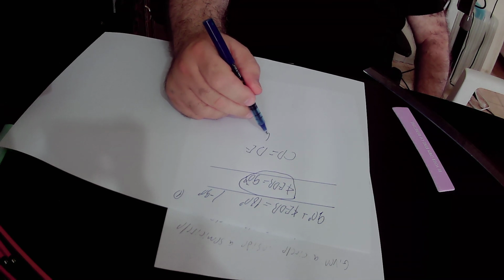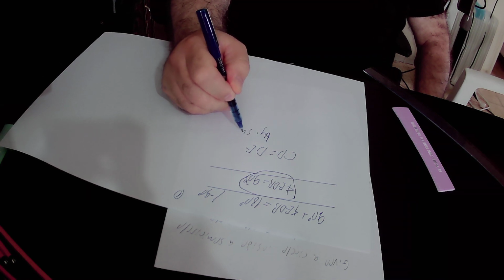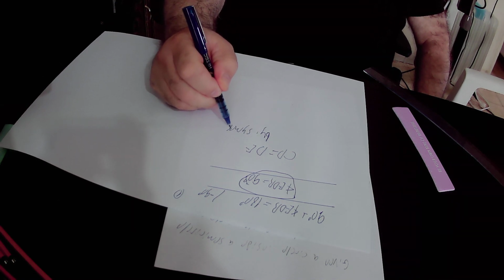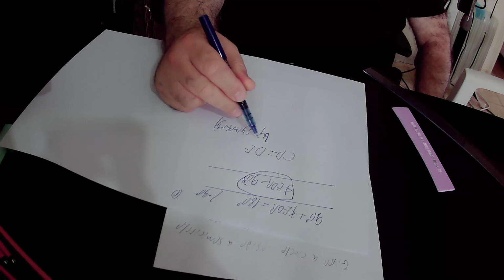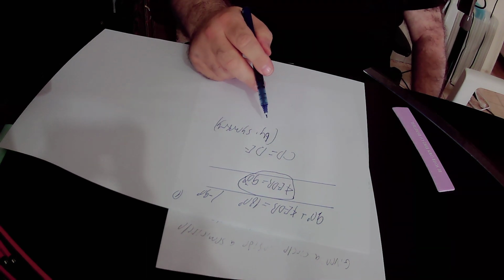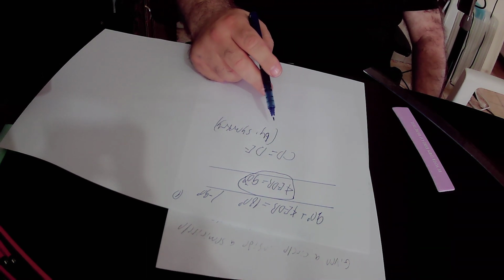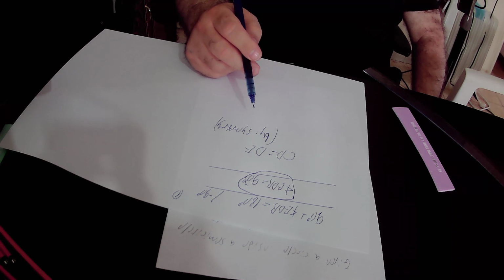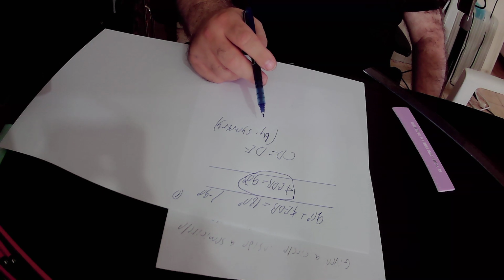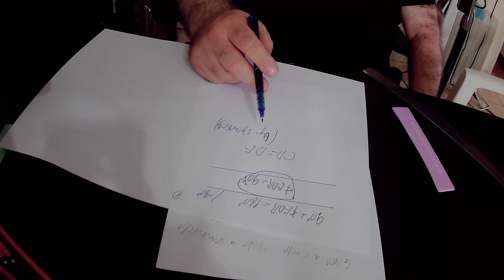Why? Because of the fact that DE is the mirror image of CD, then by symmetry CD must be equal to DE. Both of those two line segments have the same length but with opposite direction.